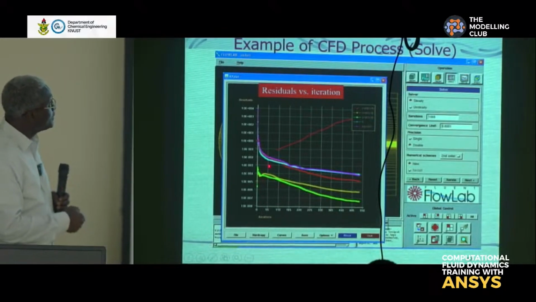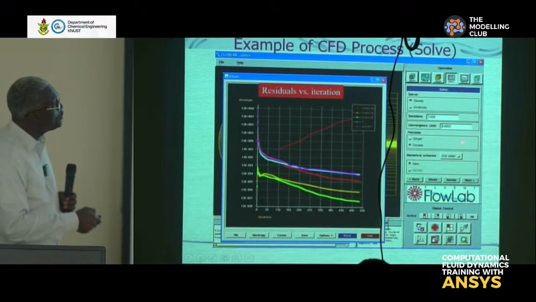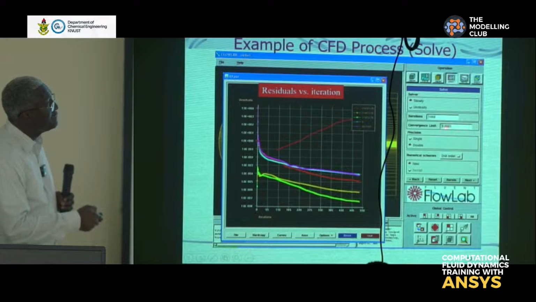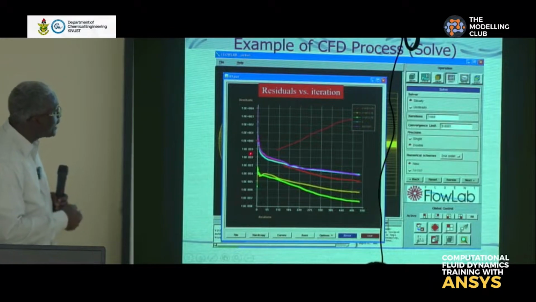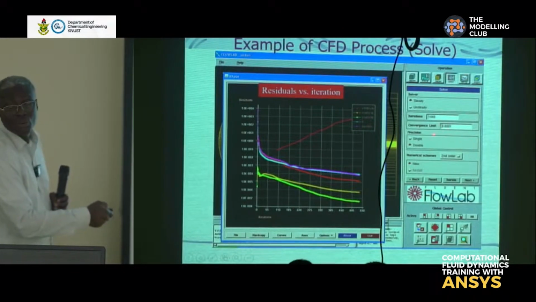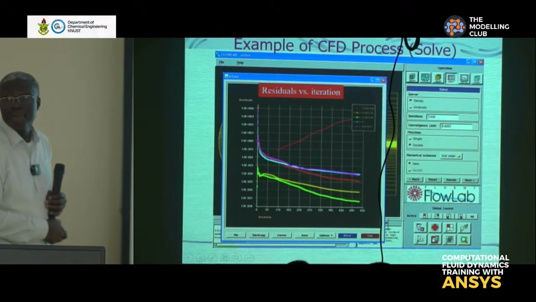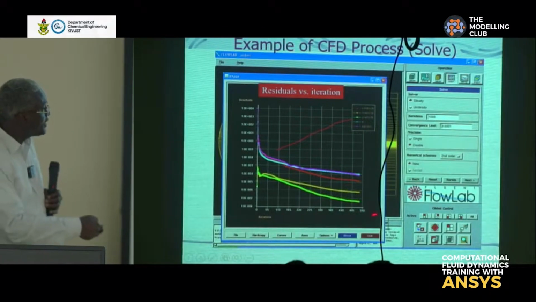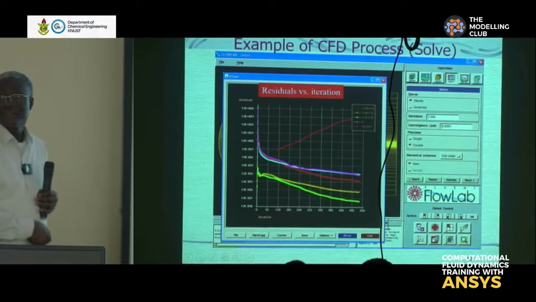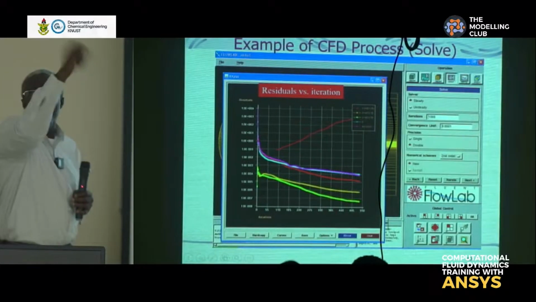You indicate that you want your convergence within a certain value. So if I look at the residuals, am I attaining the convergence criteria with each step of the iteration? When you see oscillation, then you know that your solution is no good, so maybe you need to tweak something in your solution.